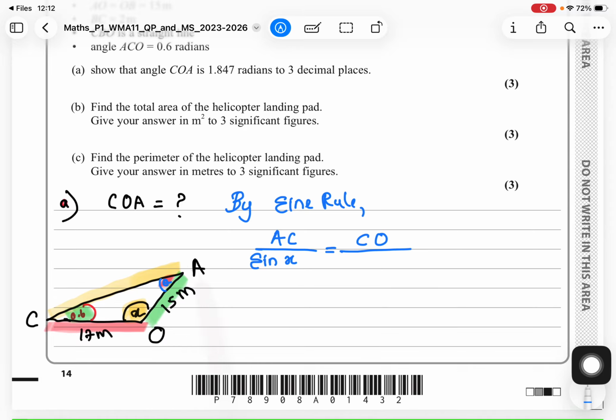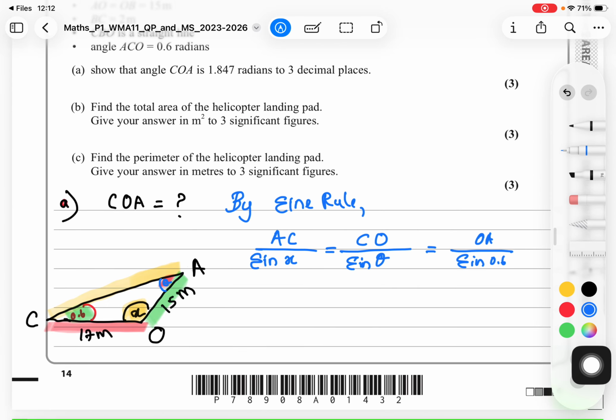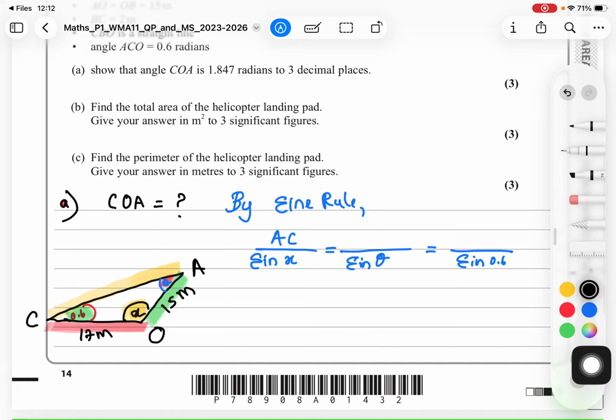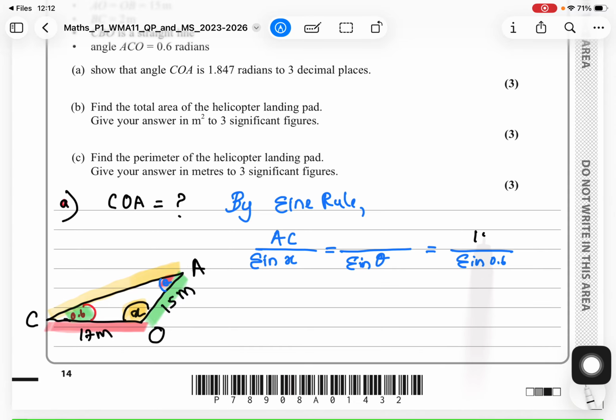Sine theta equals OA divided by sine 0.6. Let's grab the information that we know. We know OA and OC, so we can erase these answers because since we know the numbers, this is going to be 15 and this is going to be 17.